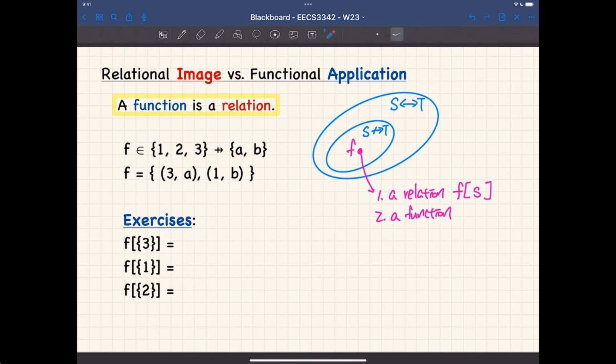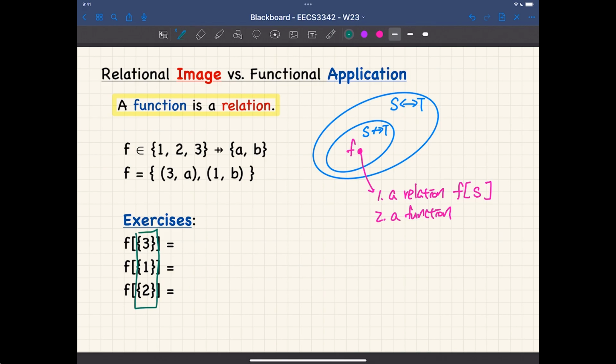Okay, so now let's say this is a function and relation at the same time. If I try to do relational image, and if the input set over here happens to be just a singleton set, meaning that it has only one member, what would be the property of the output over here? Even before I write it down, do you guys know any property? What can we say special about if the input here is a singleton set?